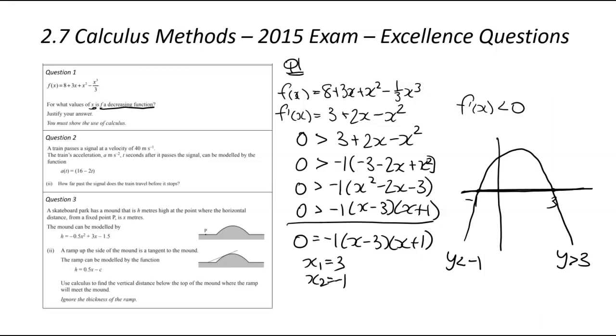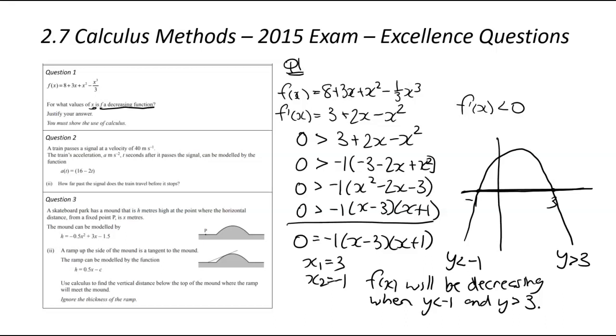And we're just going to state that in sentence form. So f(x) will be decreasing when x is less than -1 and when x is greater than +3. If you're able to step through all of that, you will be able to get your excellence mark.